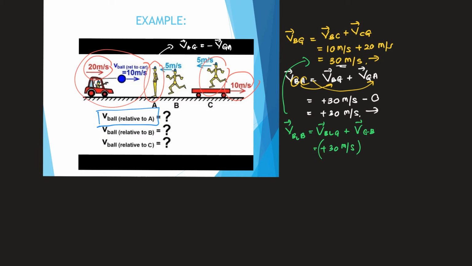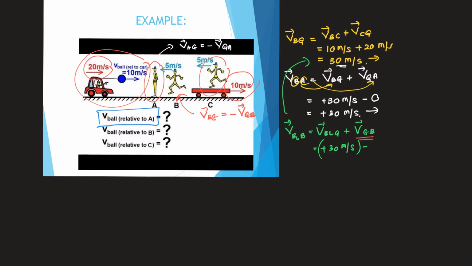However, for this one, this person is moving at 5 meters per second to the left, which means the 5 meters per second is denoted as the velocity of person B relative to ground. However, in your equations, they state the velocity of ground with respect to person B. Therefore, we need to make it the opposite direction, which means the velocity of the ball with respect to ground is equivalent to negative the velocity of the ground with respect to person B. So you're going to put a negative there to represent the change of the subscript.